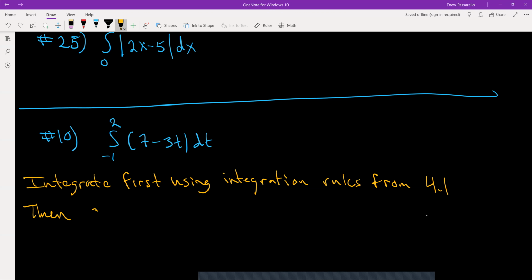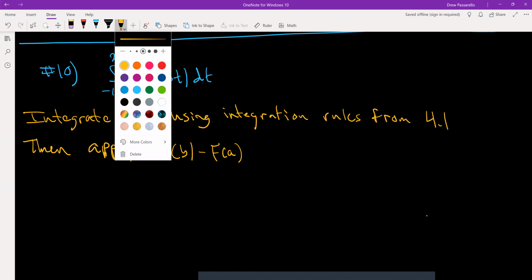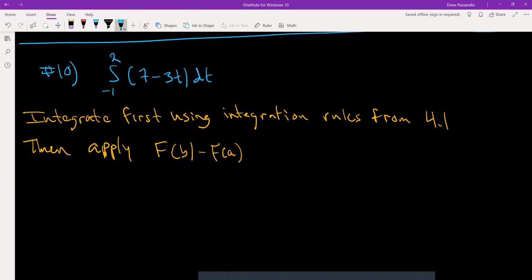So then I basically apply capital F of b minus capital F of a. So what I'm going to do first is I'll ignore the bounds for right now and just focus on integrating 7 minus 3t dt. And then I'll apply the F of b minus F of a.